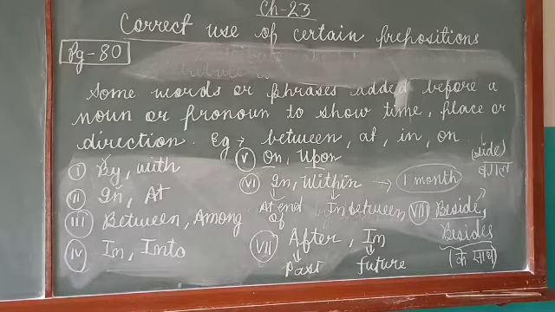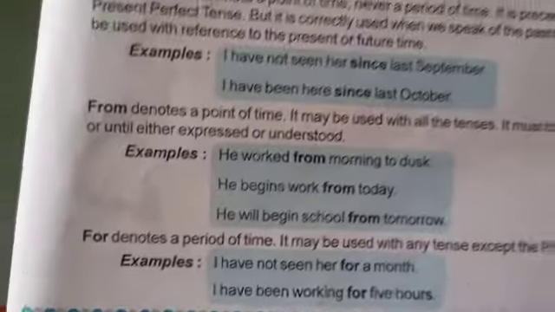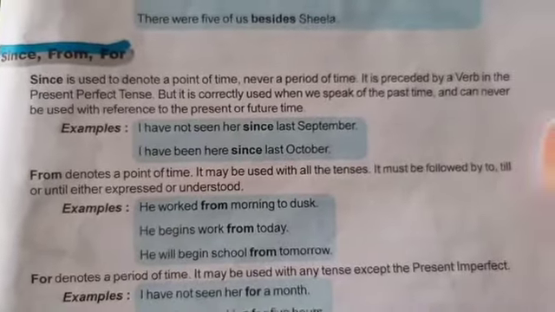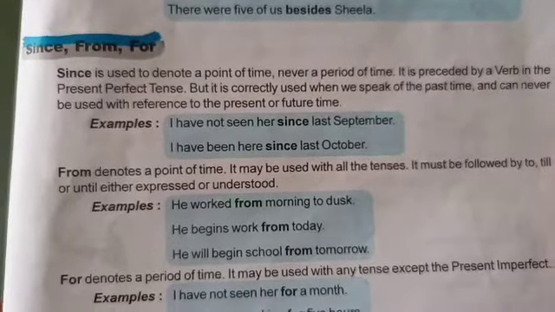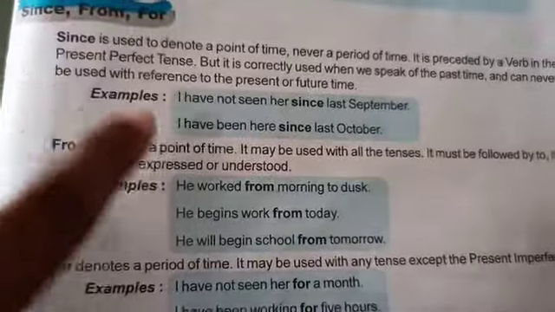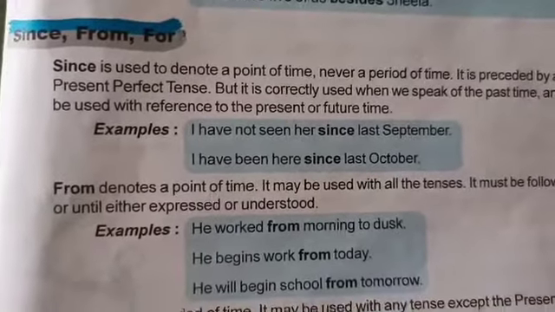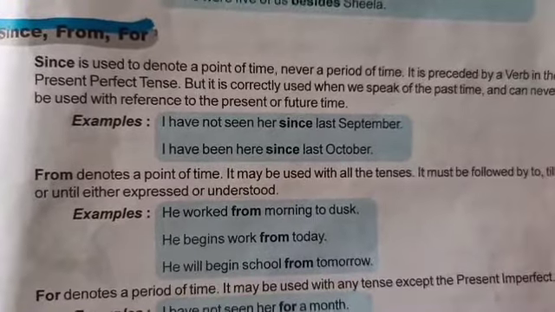Now the very important since, from and for, these 3 you see. Try to understand these things very carefully, otherwise it will create a lot of confusion. Since is used to denote a point of time. So see, since and from, both of them denote what? A point of time where the time is given clearly.